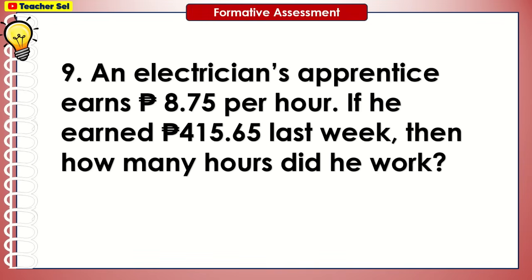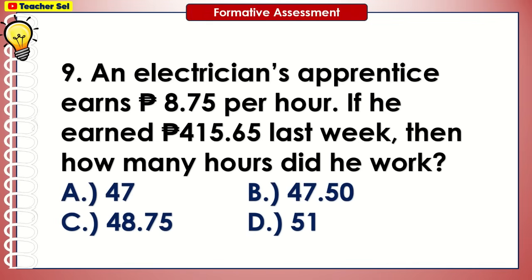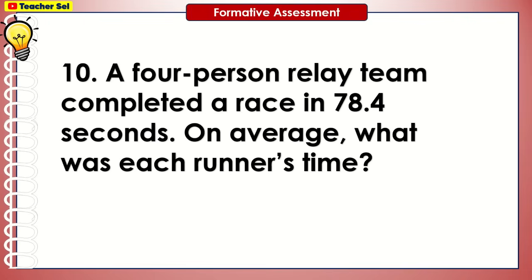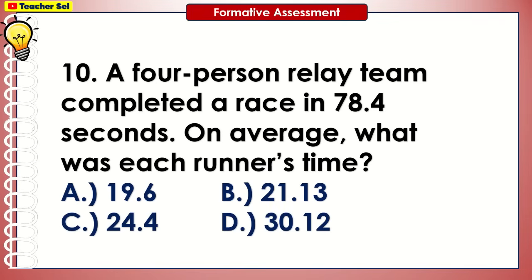If he earned 415 pesos and 65 centavos last week, then how many hours did he work? The answer is letter B, 47.50. A 4-person relay team completed a race in 78.4 seconds. On average, what was each runner's time? The answer is A, 19.6.